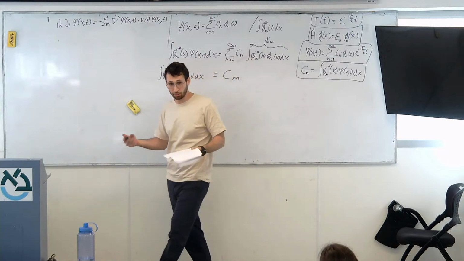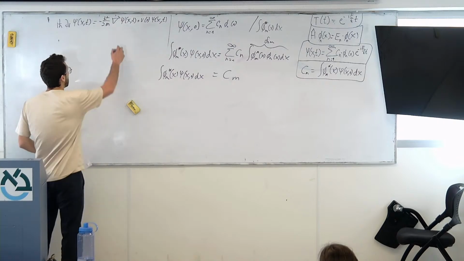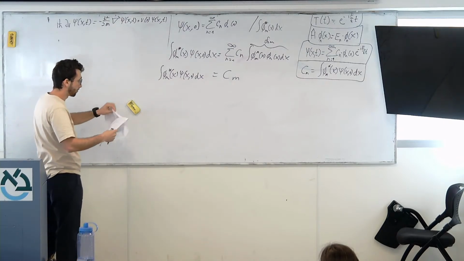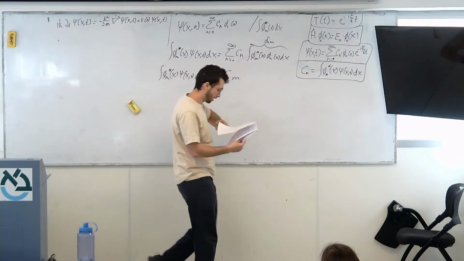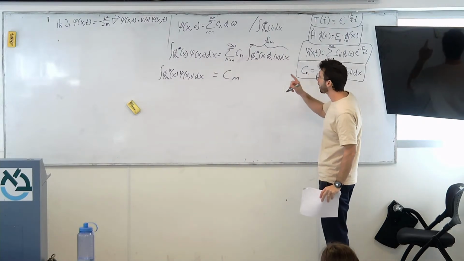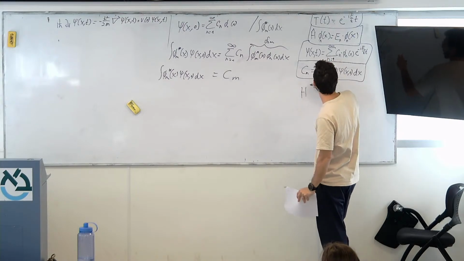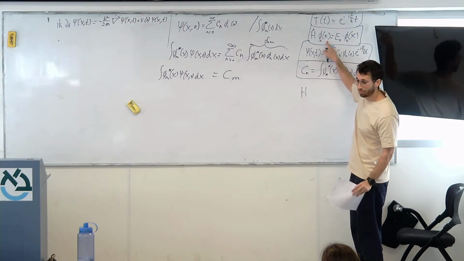How do we get phi n of x? This is a function of the potential. Meaning we just need to solve, and I'm gonna write the function again here. I just need to solve the time independent Schrödinger equation, which is this equation.